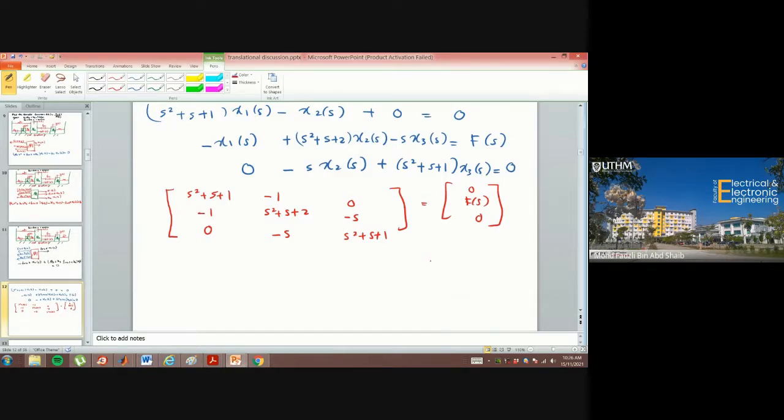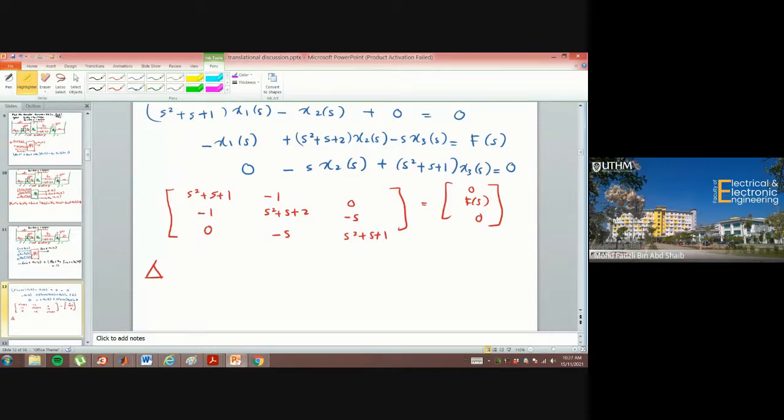We need to find delta first. How to find delta? This is three by three, we have 3 columns, so it's a little bit different. You cover this, then copy this one. I show you one by one.